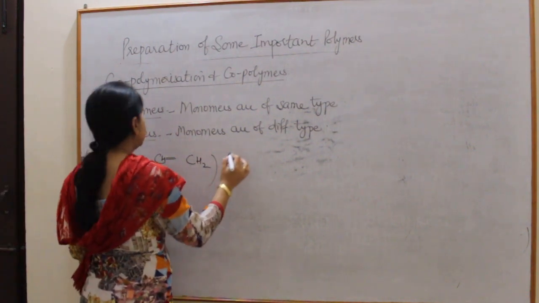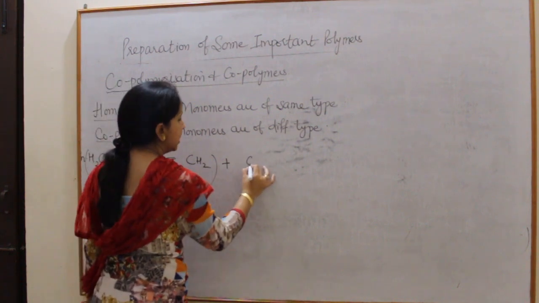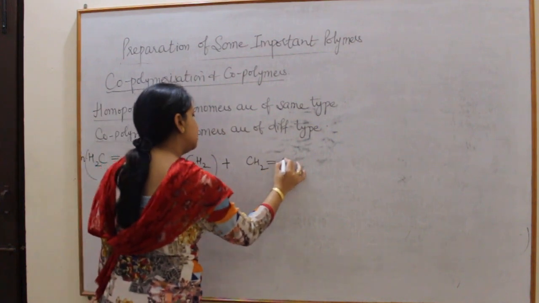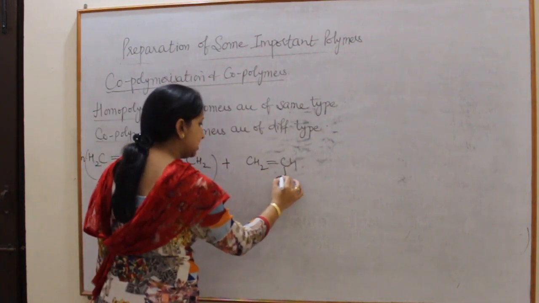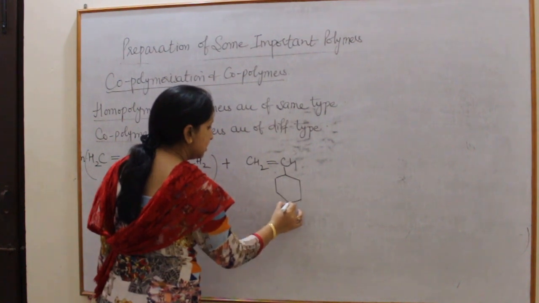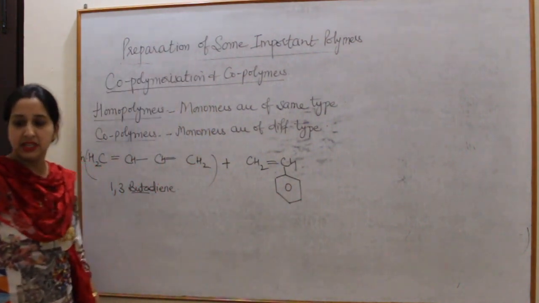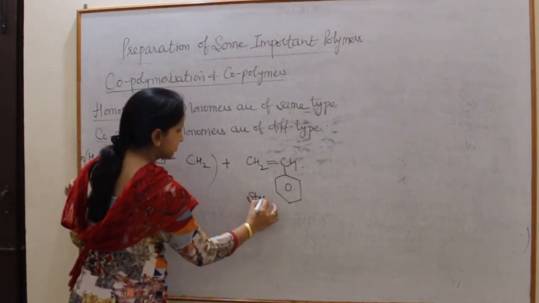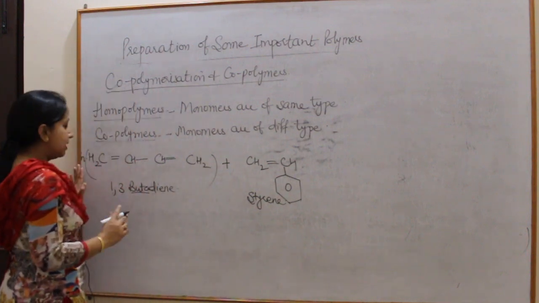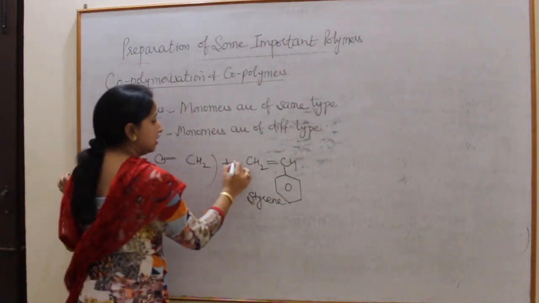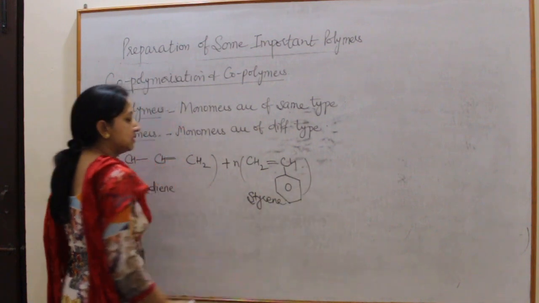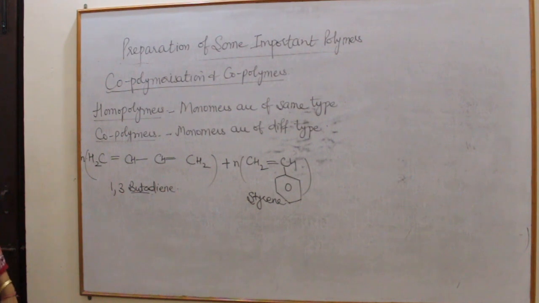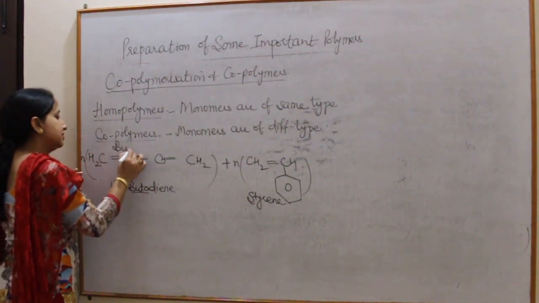On reaction with styrene. What is styrene? Styrene is basically CH2 double bond CH, and this CH is further connected with a benzene ring. So this is your styrene. So n molecules of 1,3-butadiene combine with n molecules of styrene, and we will get the polymer that is known as Buna S.